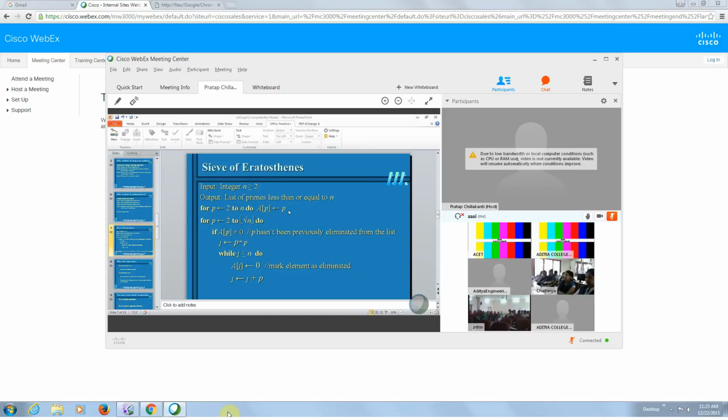There's a for loop. There's a second for loop, square root of n, and then you do some process again. I'm not interested in telling you what these gory details are here to find the prime numbers of n. But there's some kind of an algorithm. If you see here, the way they use for statements, while statements, showing some assignments.